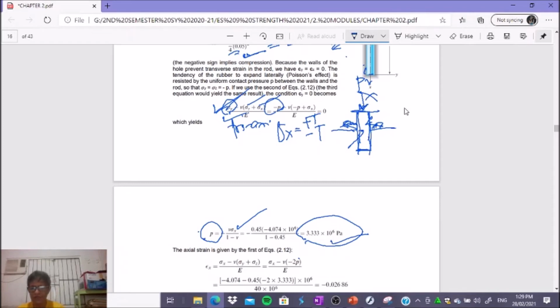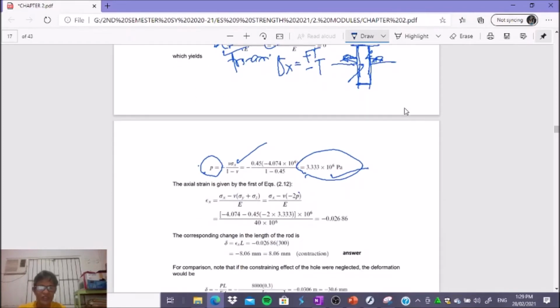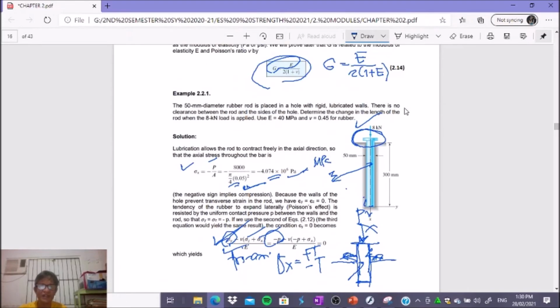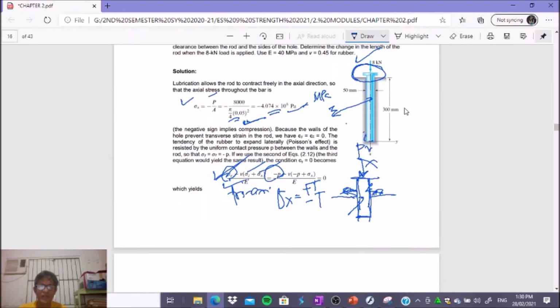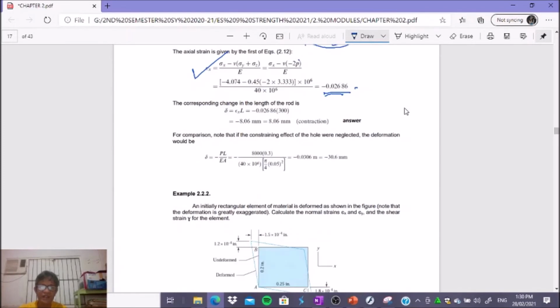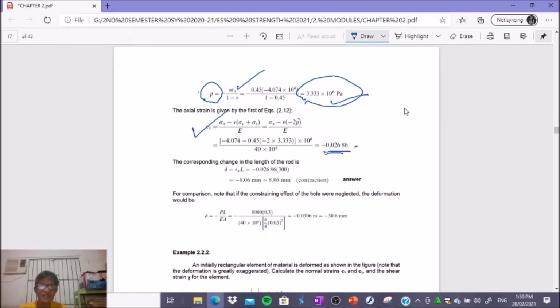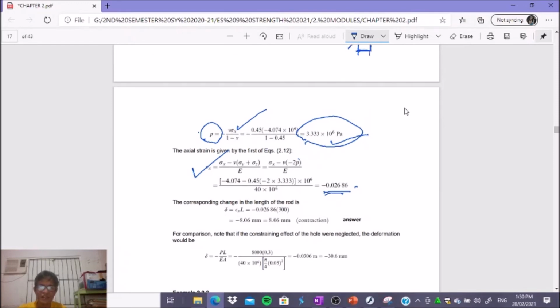And we were able to solve for this strain using this formula. Then the strain in the x direction is negative 0.02686. That will be in millimeters. Anong given natin dito? Pascal, yes. This should be, since this is strain, unitless, but this should be millimeters per millimeter.